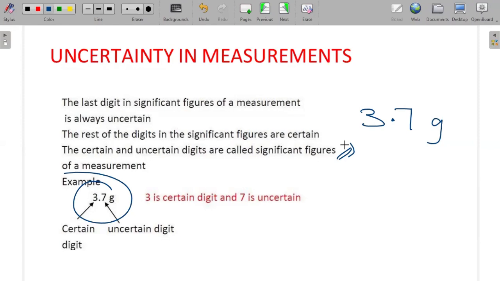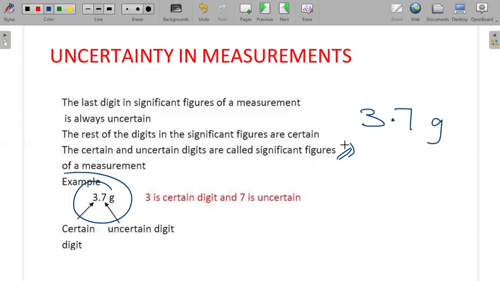So in the number that you're going to get, you're going to have what we call a certain digit, and then you're also going to have what we call the uncertain digit. The balance just gives you that, but you don't trust it because you know there's some degree of uncertainty in that measurement. So we are going to call that number the uncertain digit.